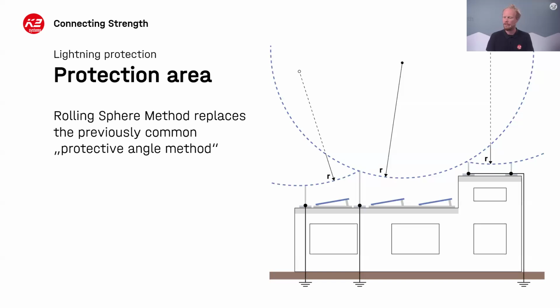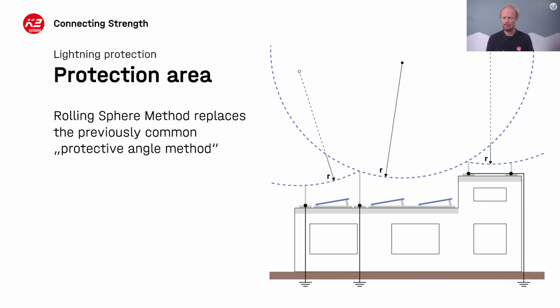So you can now see a picture that some of you may have seen before, and it's referring to the protection area and, in this case, the rolling sphere method. So one way of protecting against lightning is by imagining that there is a giant ball rolling over the building, and this ball will only touch the top parts of the building.